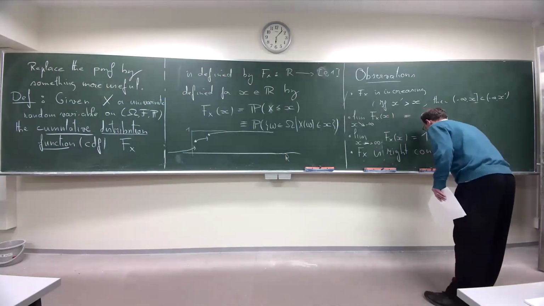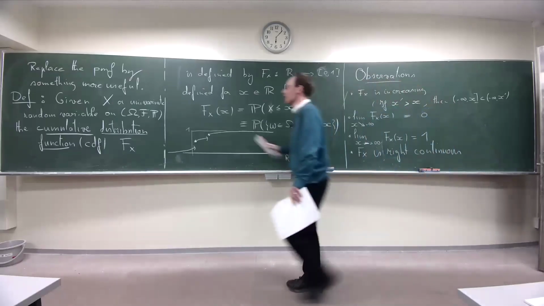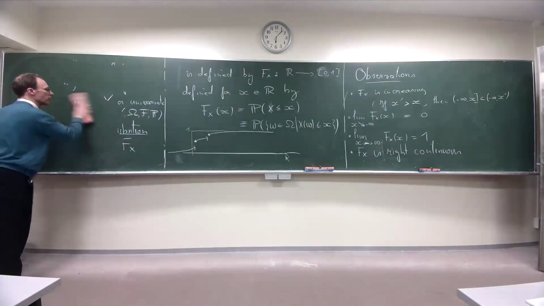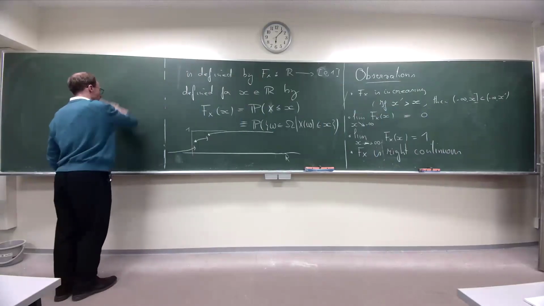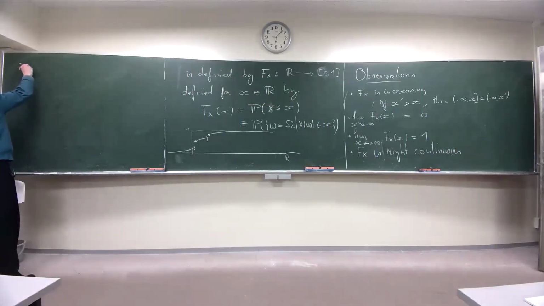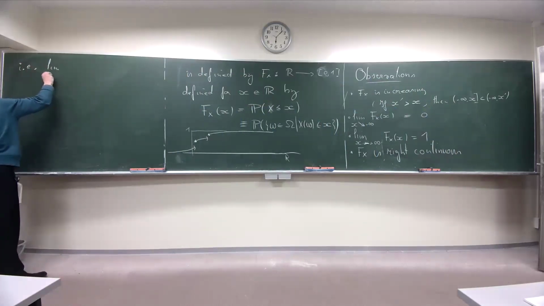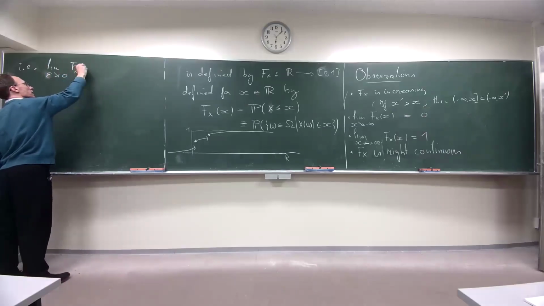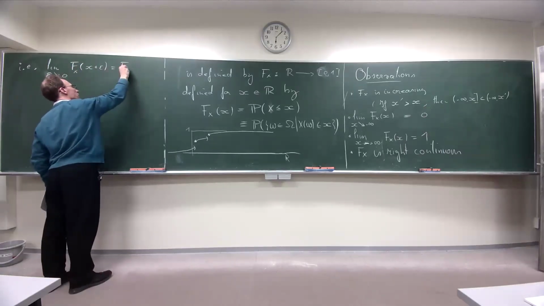And I will write more precisely what it means. And we will prove it because, again, we can learn something. Usually I give proofs when we can learn something from them, which means the limit when epsilon goes to 0 of F of x plus epsilon is equal to F of x.